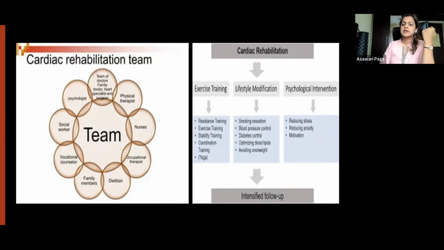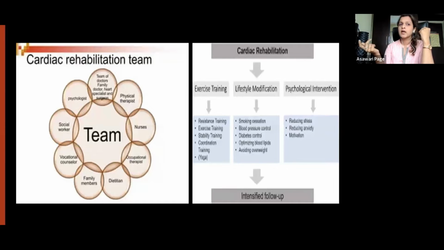Exercise training will always be resistance training, stability training, coordination training. Nowadays, there are pneumatic strength training equipments. HUR is the company which usually provides them.